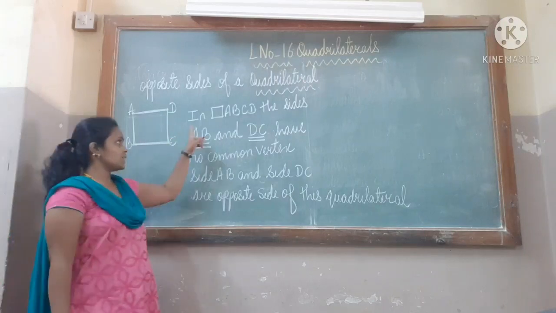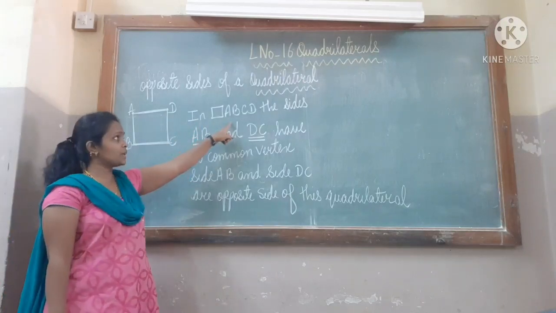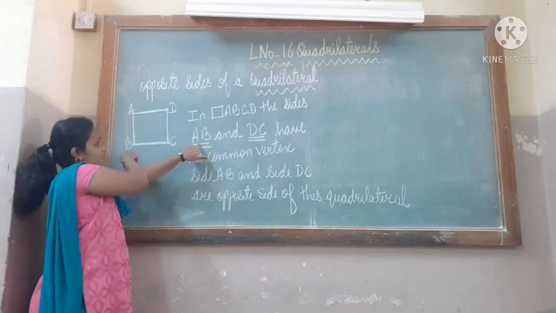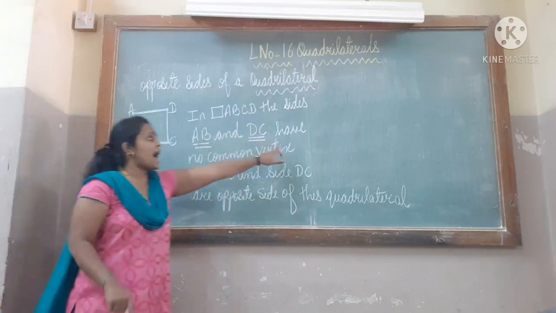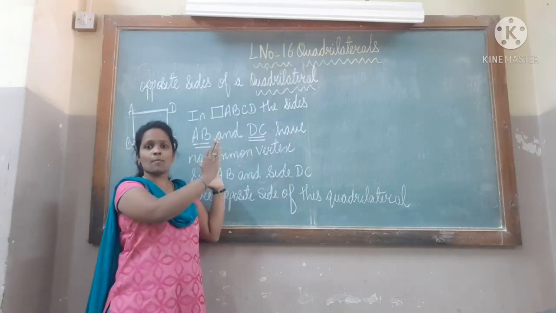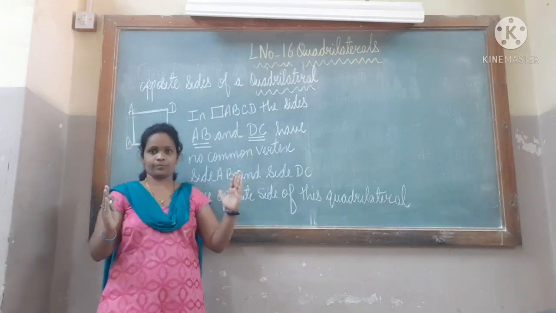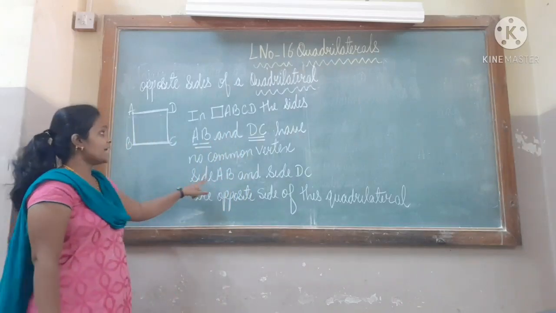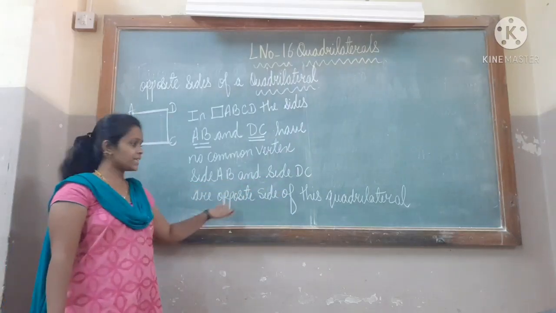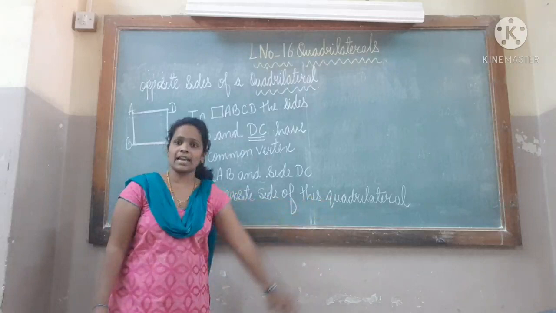Here I have written, in quadrilateral ABCD, the sides AB and CD have no common vertex. They are not having a common vertex. They are opposite. Side AB and side CD are opposite sides of this quadrilateral.